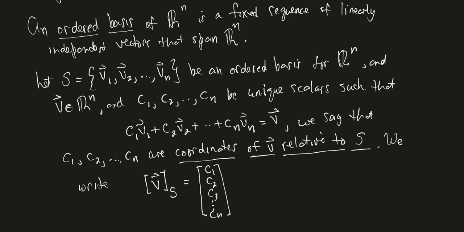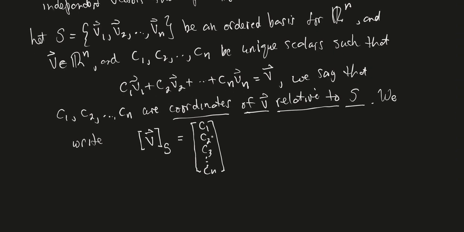So when we see a specific vector in square brackets with a subscript like this, it's referring to the coordinates of the vector v relative to whatever my basis is. And what it's referring to are the specific scalars that are needed in our linear combination, right? And we refer to this as the coordinate vector of v relative to S, right?